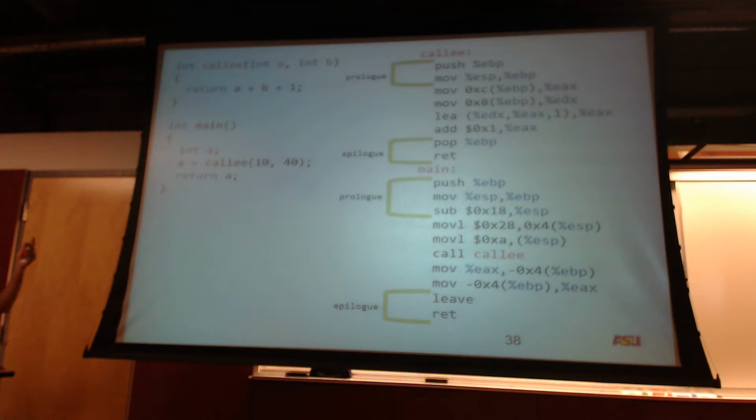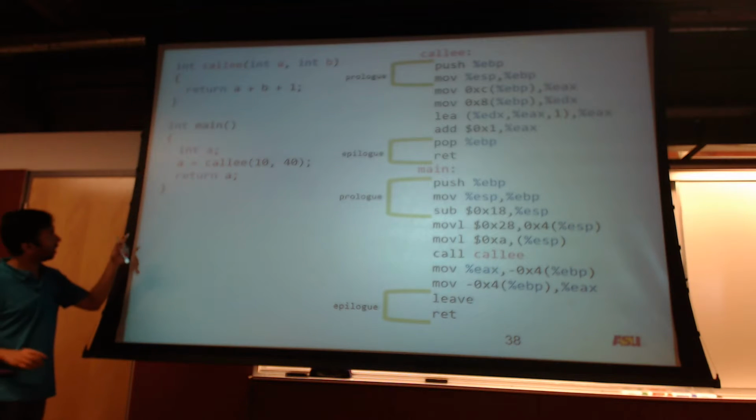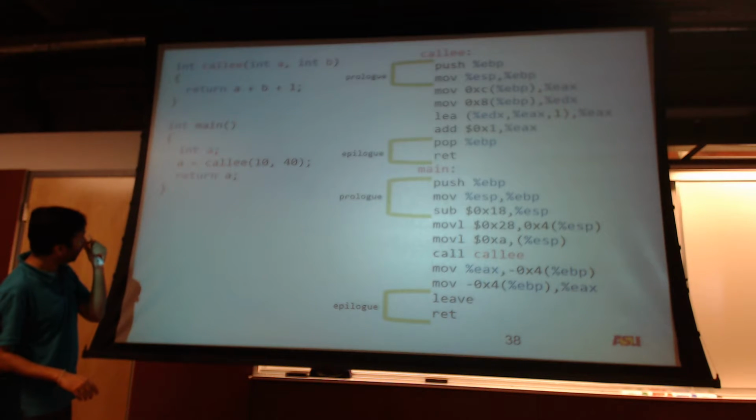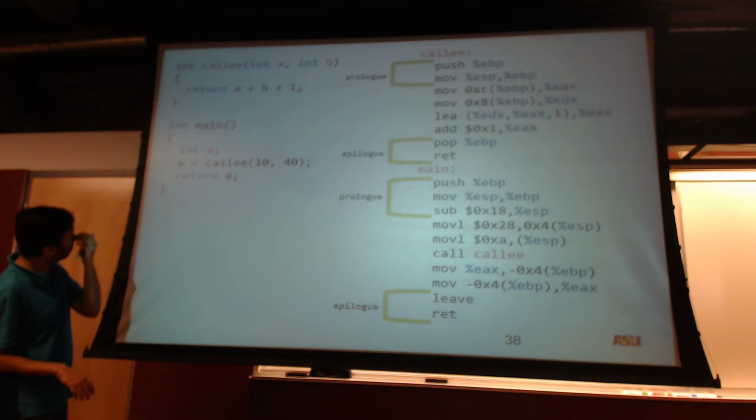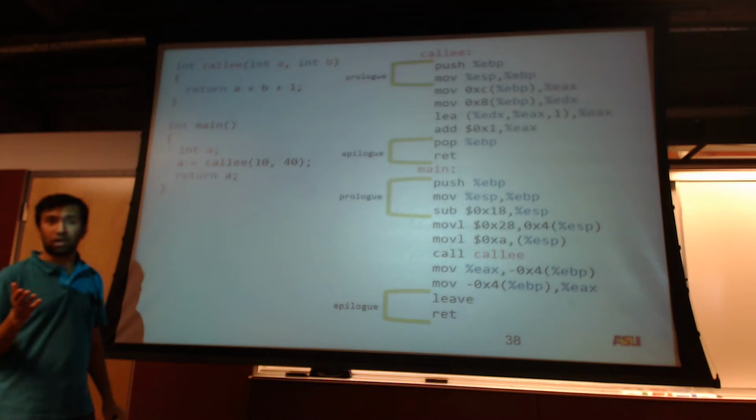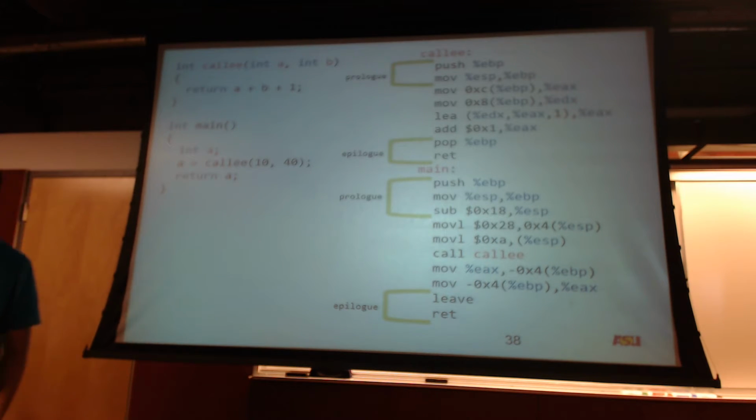It's simple code. There is a main, and there is a variable inside main, a, and a is equal to callee(10, 40). 10 and 40 are the actual parameters. Remember, these are constants, so these are not local variables. These are temporary variables. And then you return a.